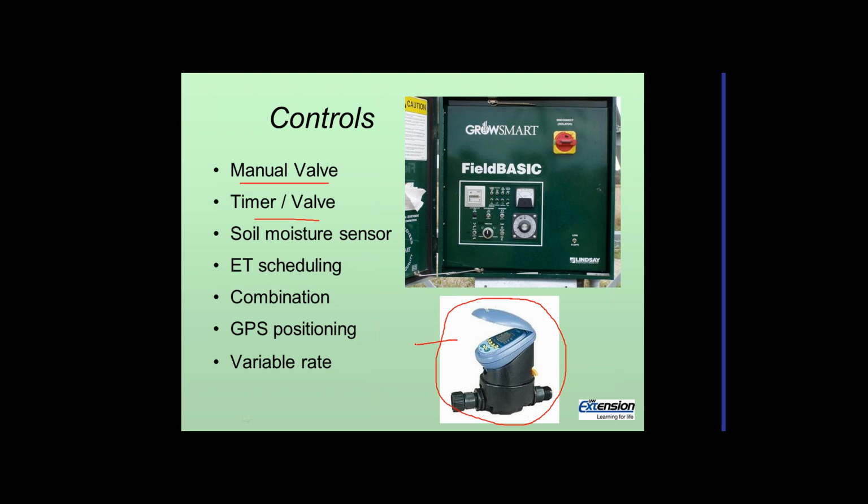This could be used on a small drip system. We can also use soil moisture sensors to control when the water comes on and off. So if we have low soil moisture at the sensor, the system would be initiated to come on and provide water. We can use irrigation scheduling to determine when we're going to do that.